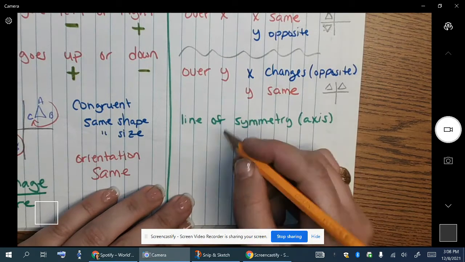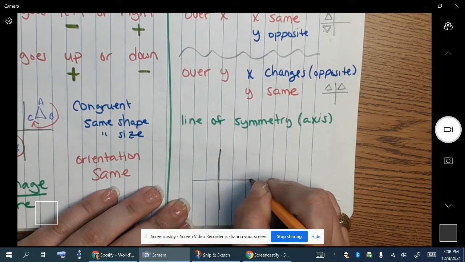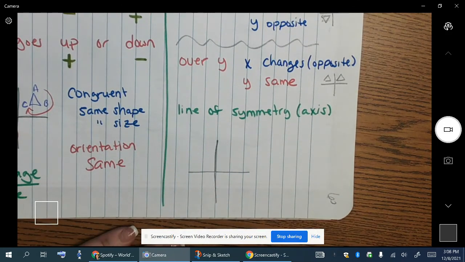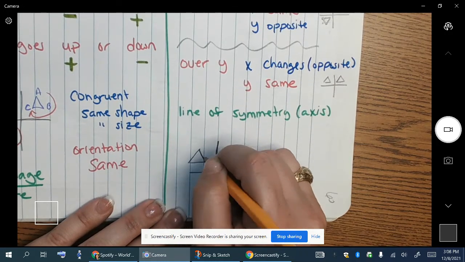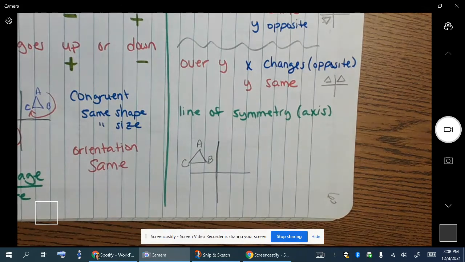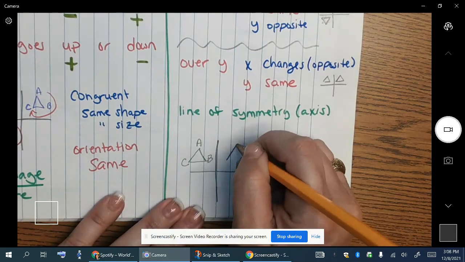Alright, last thing, draw one more coordinate grid. In quadrant 2, draw triangle ABC. I'm going to reflect it over the y. So I have another triangle.